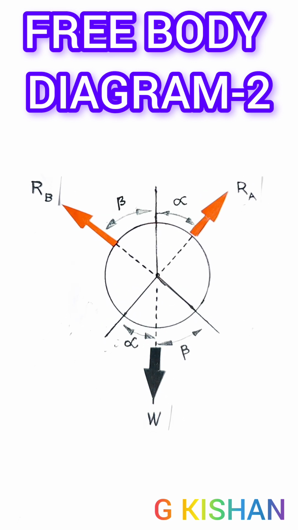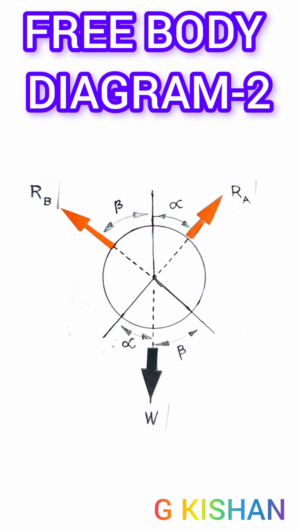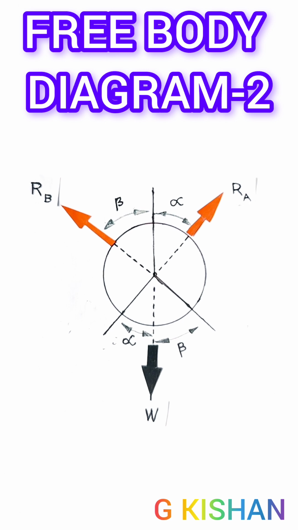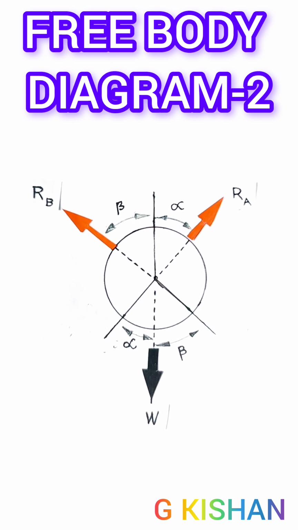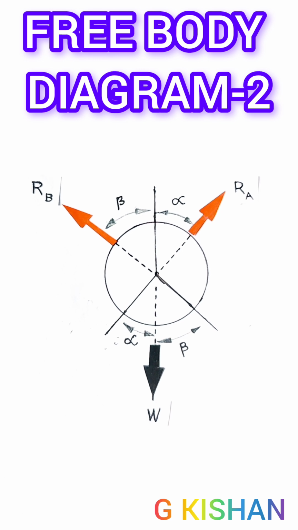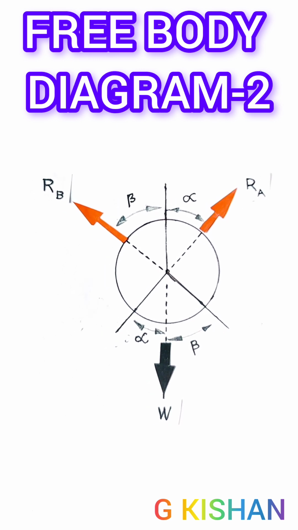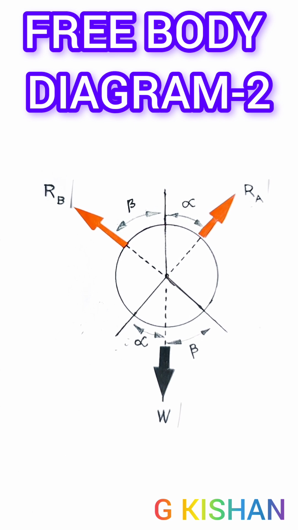On observing this free body diagram of the given problem figure, we can say RA, RB and the weight force W are diverging from the center of the ball or roller. So these three forces are concurrent in nature, concurrent forces.